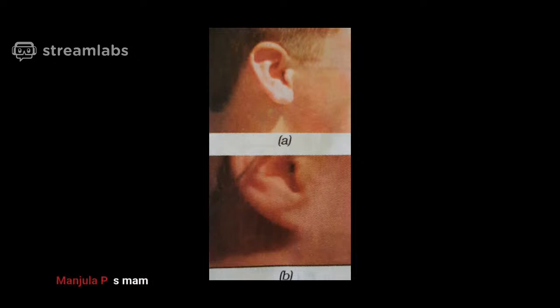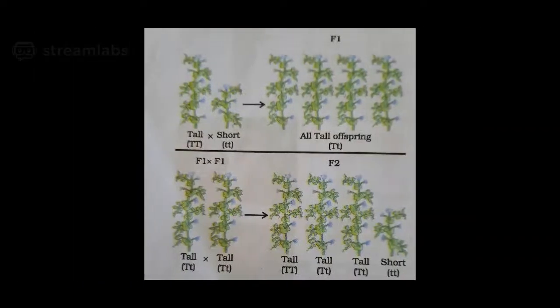Look at the base. Earlobe means base. And in the second diagram, you can observe the earlobe is fused. It is fused to the head. The first one is due to a dominant gene and the second one is due to a recessive gene. So characteristics will be expressed based on dominant and recessive genes. This is about monohybrid cross. You can observe clearly.